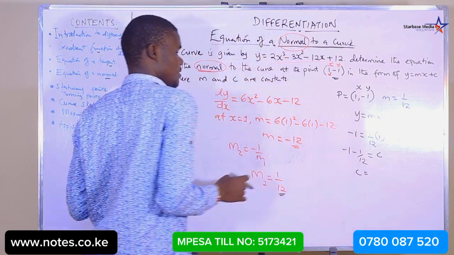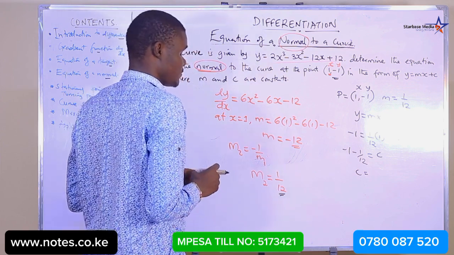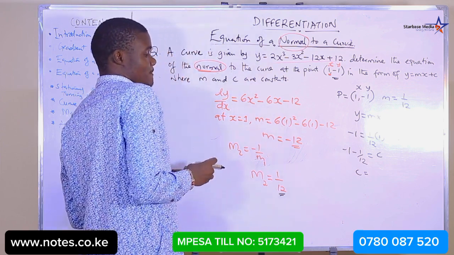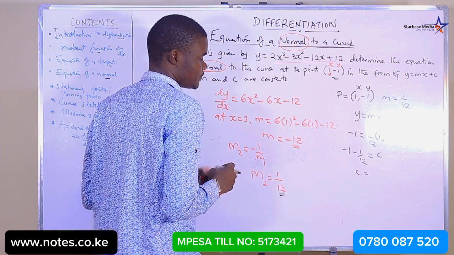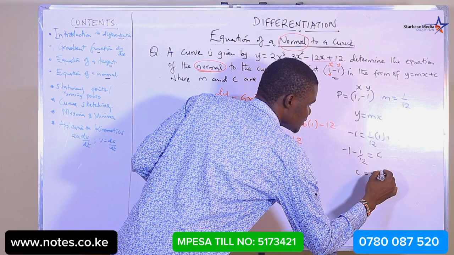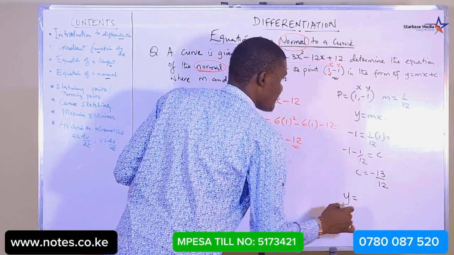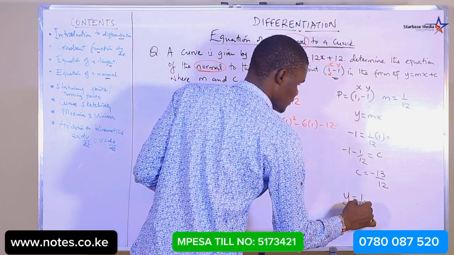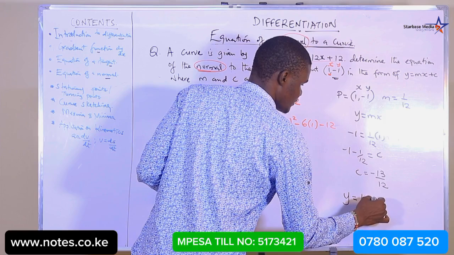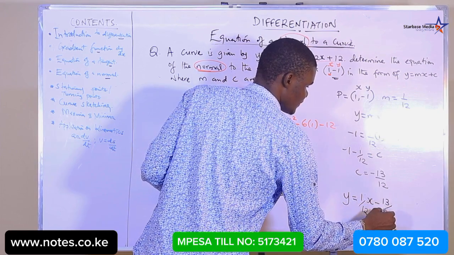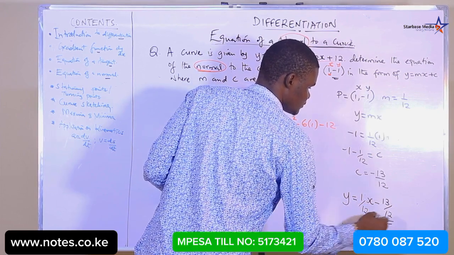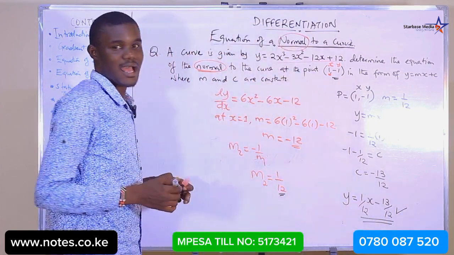Negative 1 minus 1 over 12. What do you get? Negative 13 over 12. So your equation will be y is equals to m, which is the gradient, 1 over 12 x minus 13 over 12. As simple as such.